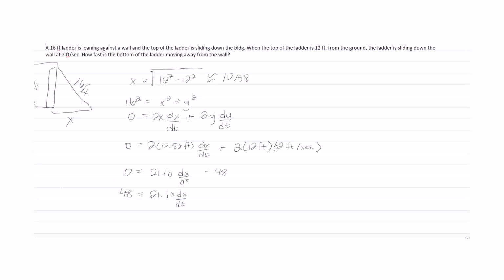And if we isolate our dx dt, our change with respect to x with respect to time, we find that, and we're going to move over to the right here, 48 over 21.16 is equal to dx dt. How fast is the bottom of the ladder moving away? And we find that that is about equal to 2.27 feet per second.